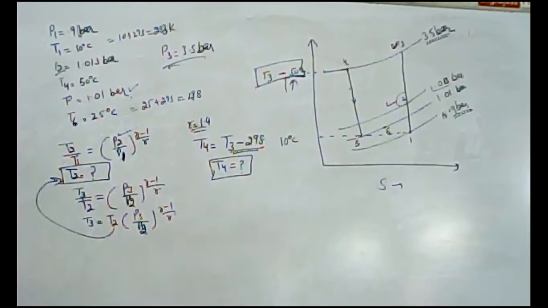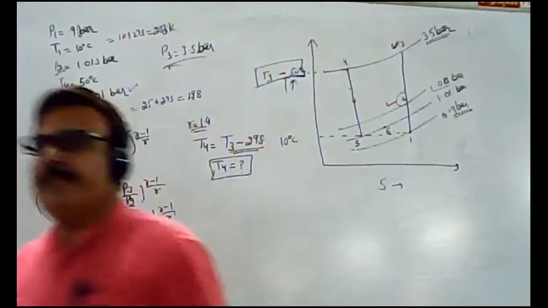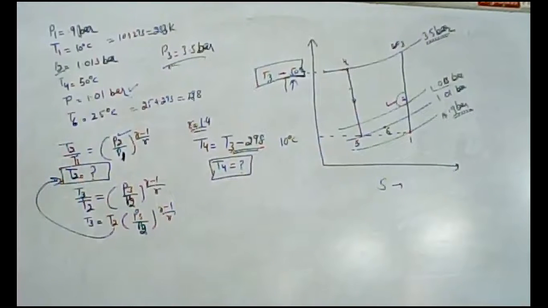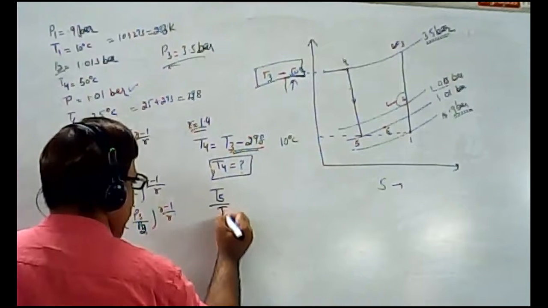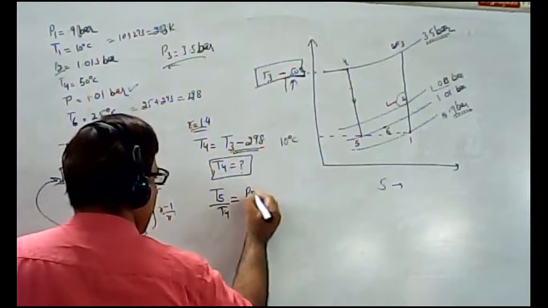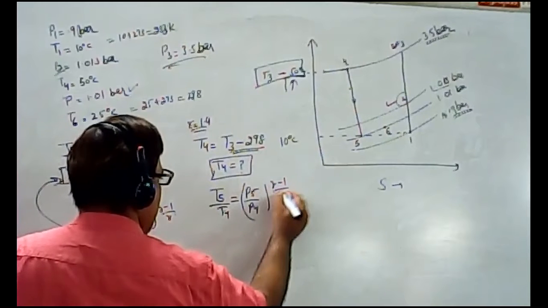Now next we have to find out the value of T5. How to calculate the value of T5? You can write the equation like this: T5 by T4 will be equal to (P5 upon P4) raised to the power (gamma minus 1) divided by gamma.